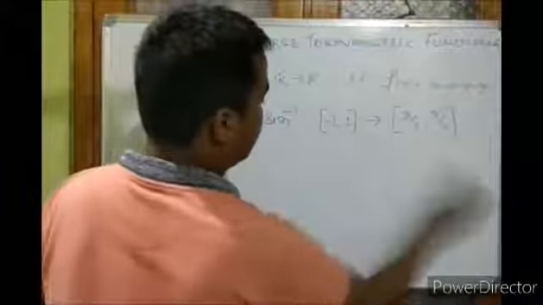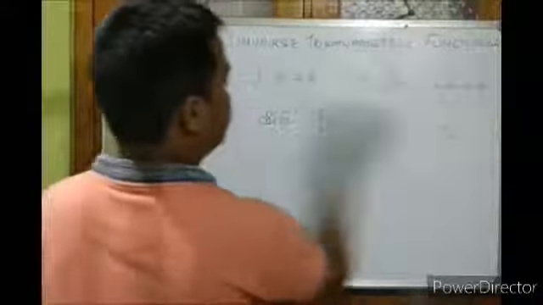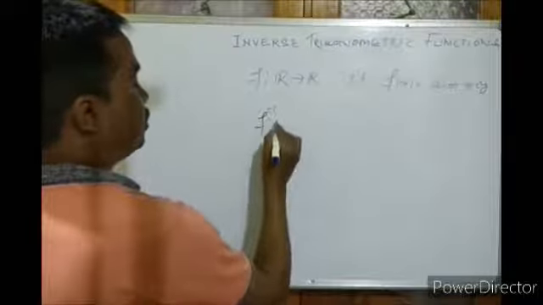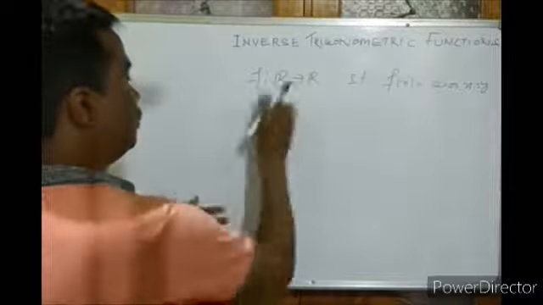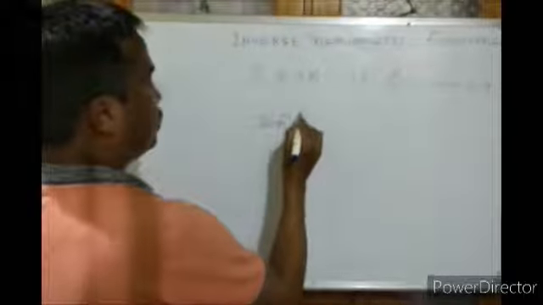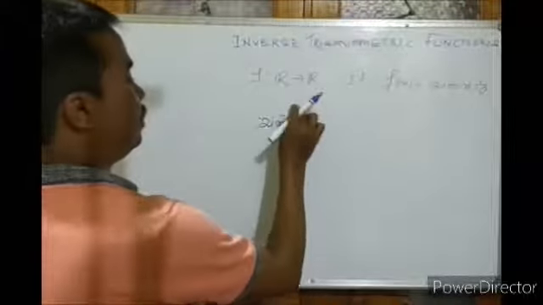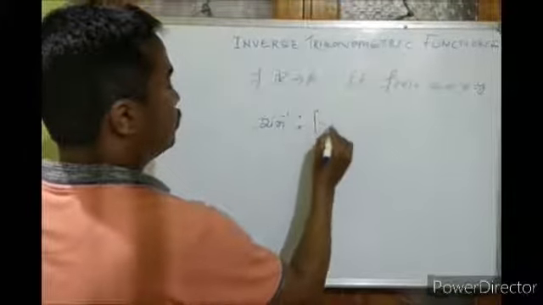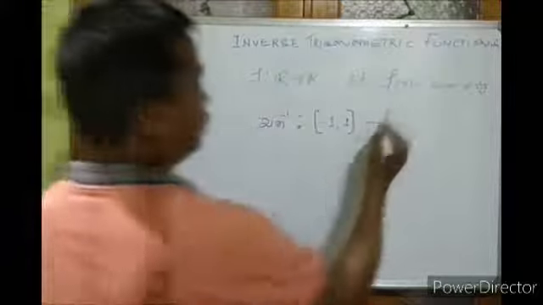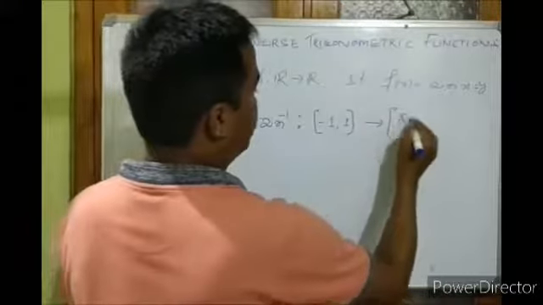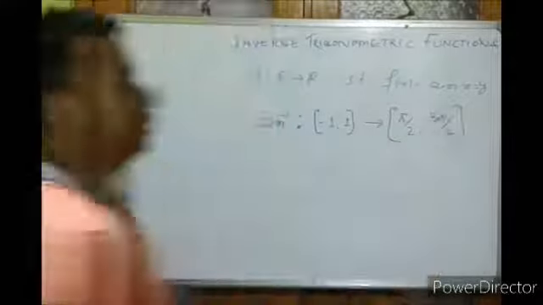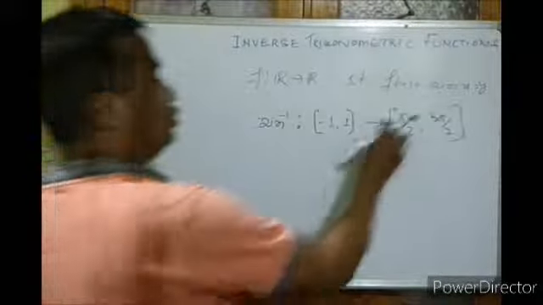Now one thing we can note here: if we define the sine inverse function from -1 to +1 to pi by 2 to 3 pi by 2, then also it is one-one as well as onto.